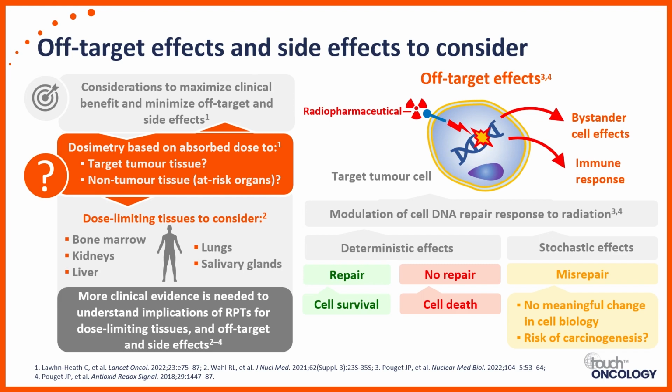Other tissues of interest would be those that express the receptor that we're actually targeting on the tumor. In some cases, there is some normal endogenous expression of the therapeutic target, and so in those cases, we have to be mindful. In terms of normal tissue effects, if the DNA damage is repaired and there's sufficient cell survival, we generally don't see any effects below a certain absorbed dose threshold.